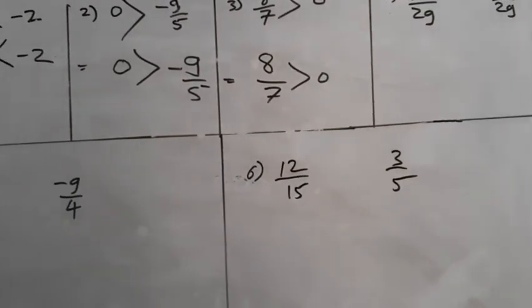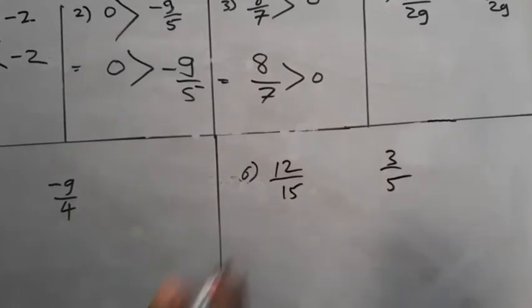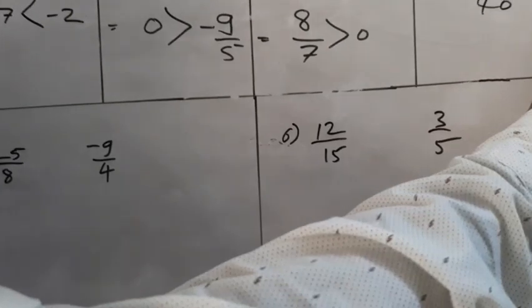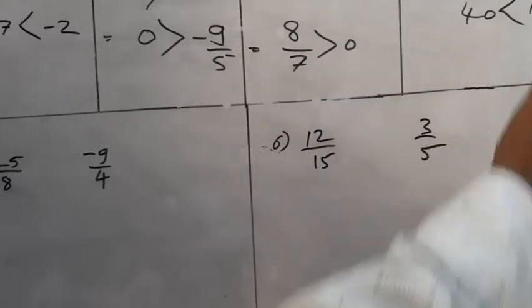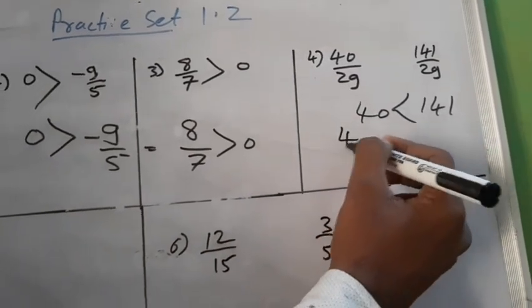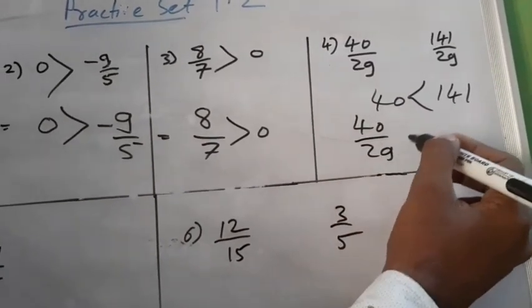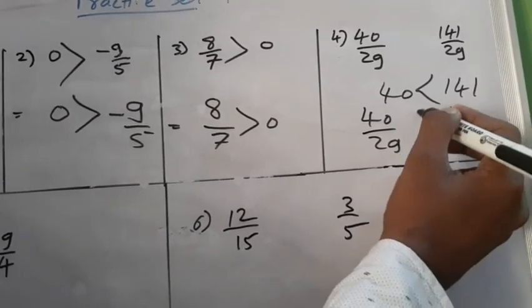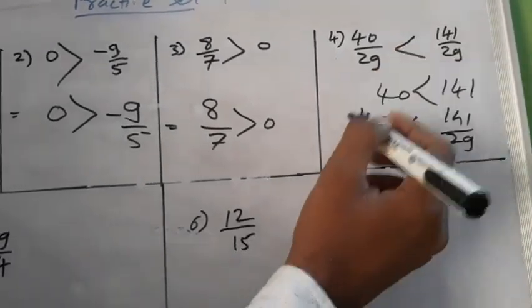If the denominators are the same, then you have to compare the numerators. See 40 and 141. 141 is greater than 40. I can write here 40 upon 29, 141 upon 29. These are greater.